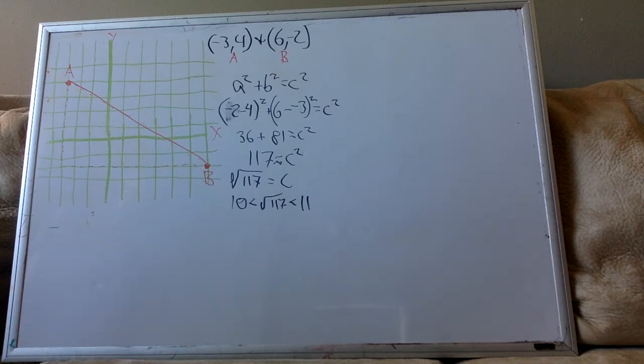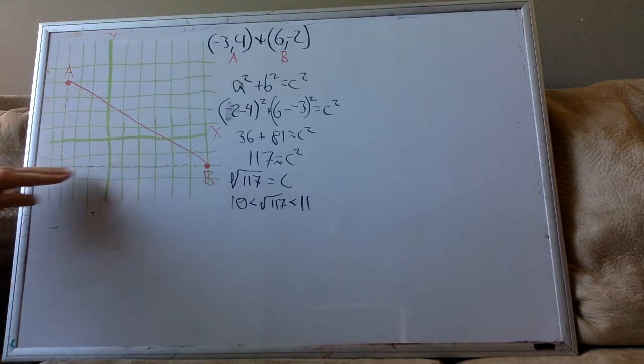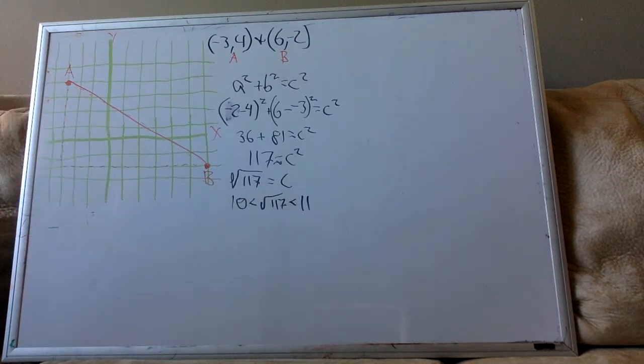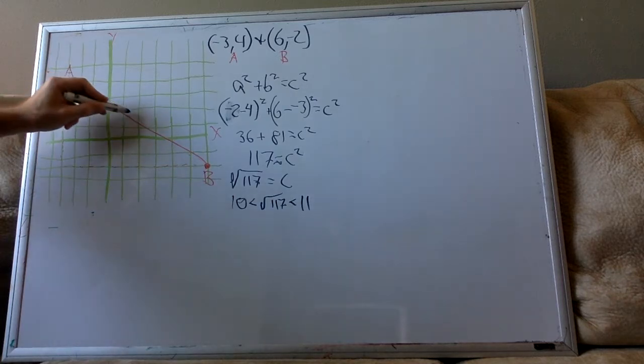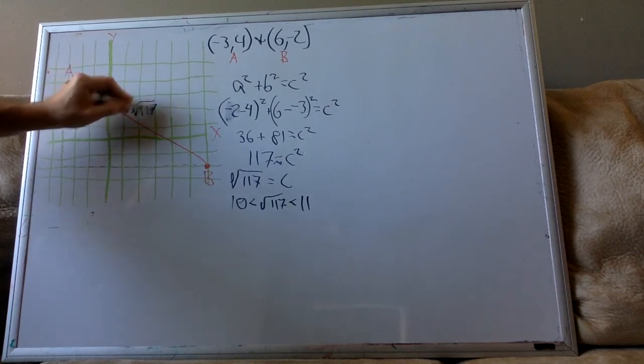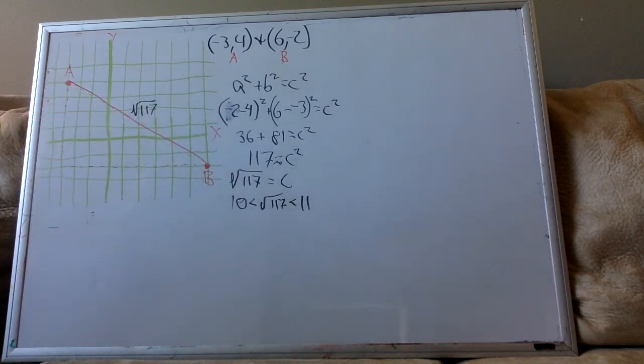We said one side was 9 units long and one side was 6 units long. So it has to be the longest side, so it's longer than 9, and it's shorter than the 2 pieces put together, so it's shorter than 15, so we're in good shape. So we'll go ahead and say that that is the square root of 117 units long.